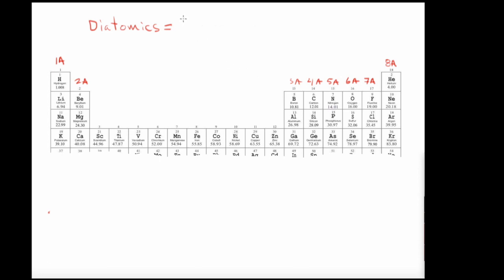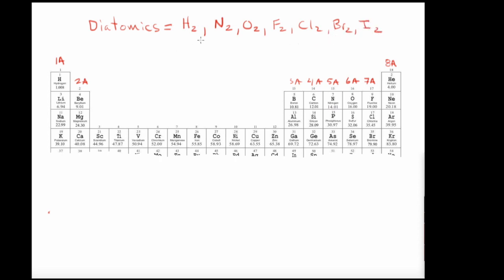So this is going to include the element hydrogen, nitrogen, oxygen, and then it's going to be the 7A's, so it's going to be fluorine, chlorine, bromine, and iodine.